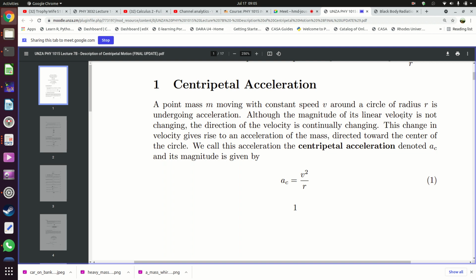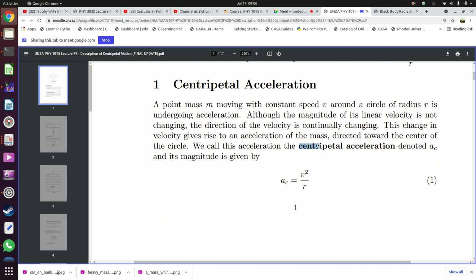So the fact that this particular object is changing direction, that's where the acceleration comes from. The acceleration is not coming from the fact that the speed is changing. The speed does not change. The speed is constant. And this acceleration is towards the center of the circle.